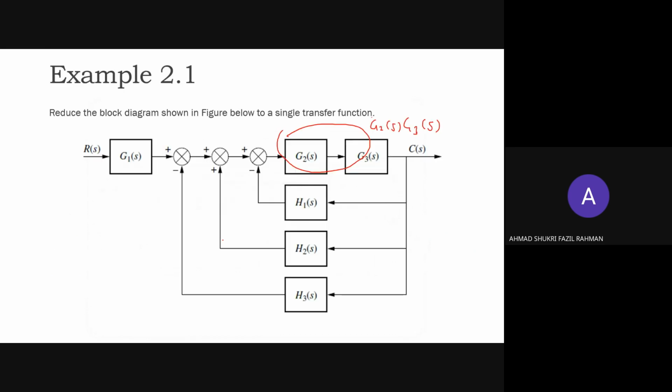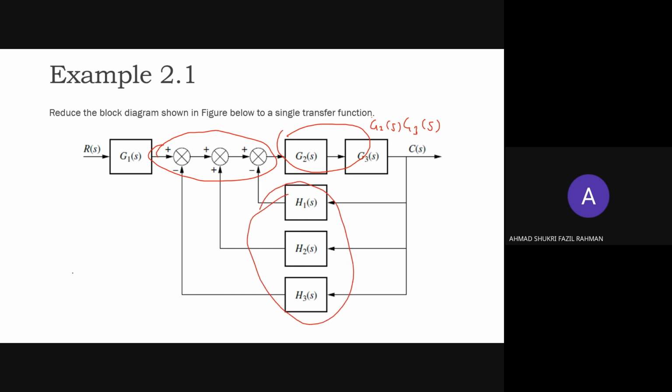So we can simplify the whole thing. They are both the same, except for the values here: H1 is negative, H2 is positive, and H3 is negative.